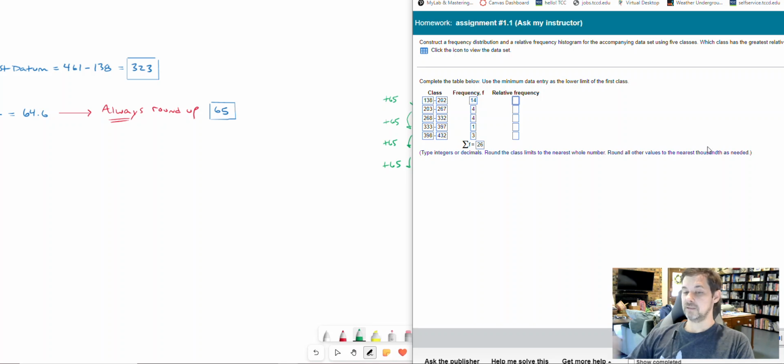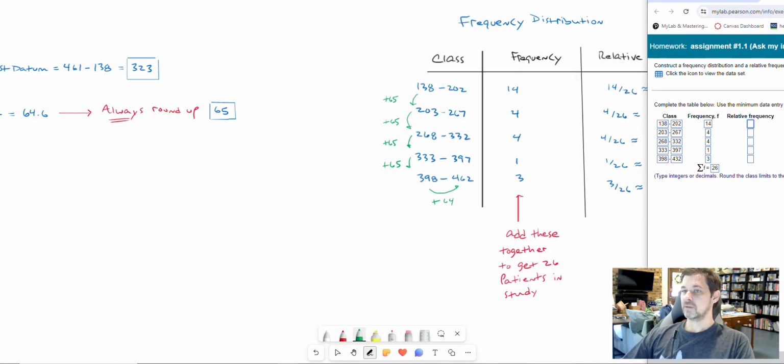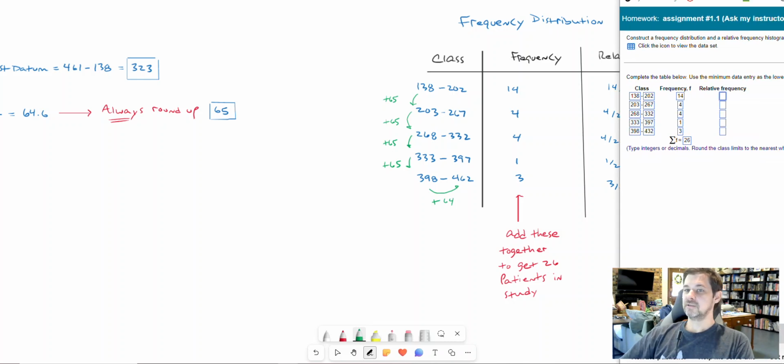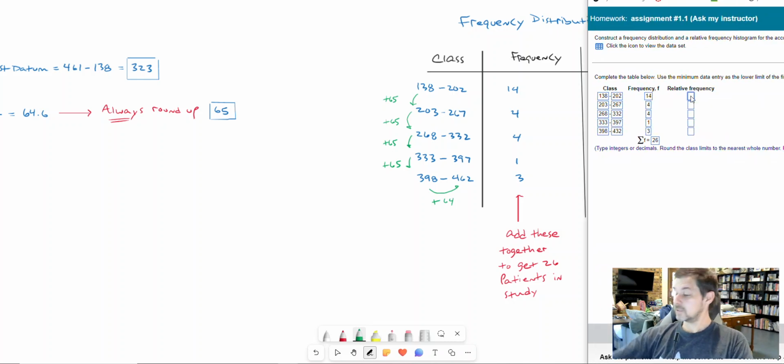So that would mean 3 decimal places. When I take 14 over 26, I get 0.538. I got a lot more numbers than that on my calculator, numbers all down the screen. But I'm rounding to the nearest thousandth, so it's 0.538. So when I go over here, I'm going to put 0.538.